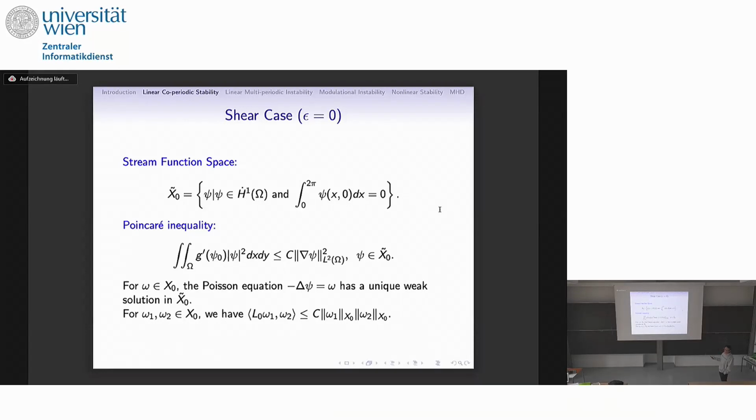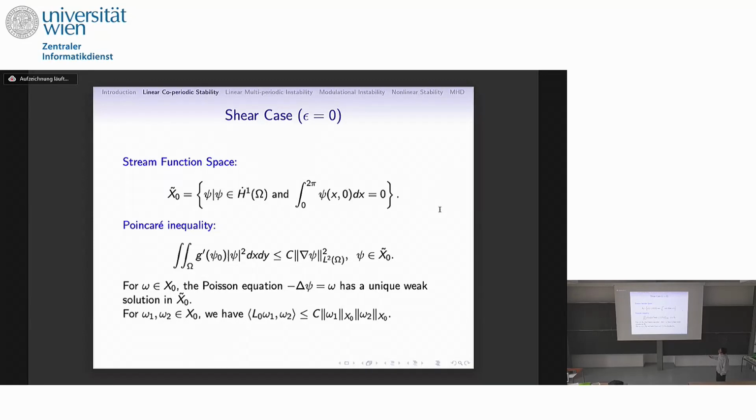We know for the 2D cylinder case, H1 dot is not a Hilbert space, so we add a condition: the integral from 0 to 2 pi of psi(x, 0) dx is equal to 0.